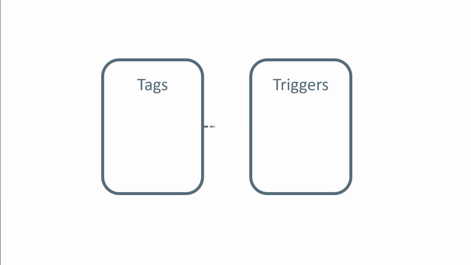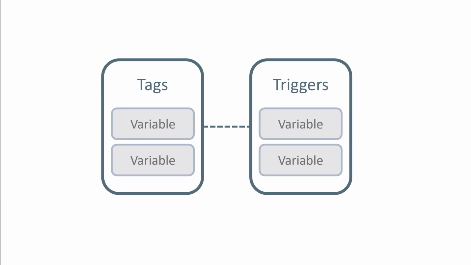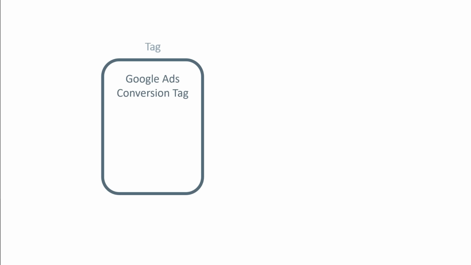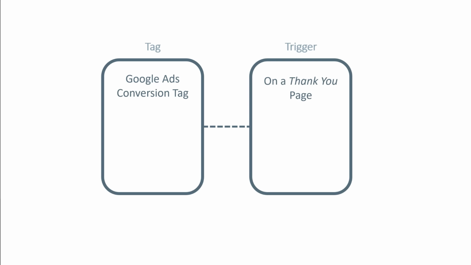Let me visualize this with the previous explanation where we had tags, triggers, and variables. Now let's replace these words with the actual example. We have Google Ads conversion tag. It will fire on a thank you page. But Google Tag Manager is not human. It's a system, so you need to be more specific. What does a thank you page mean? It basically means that the page URL must contain purchase successful.